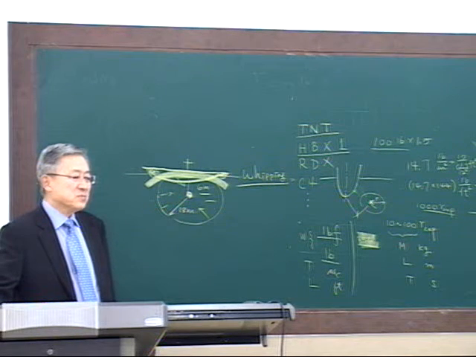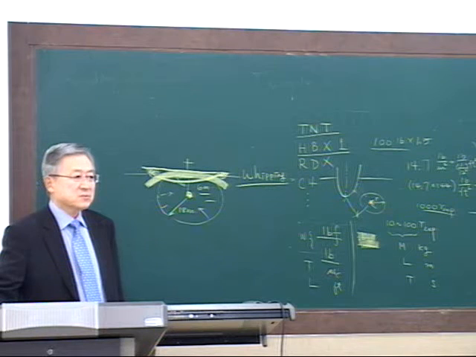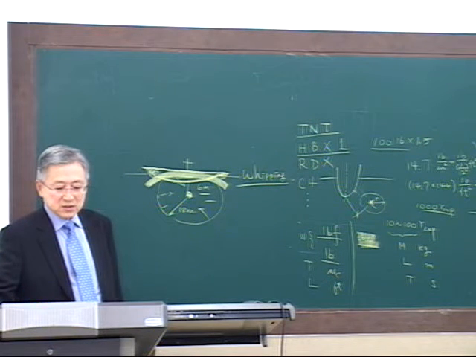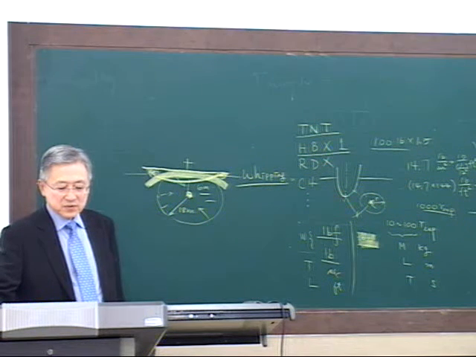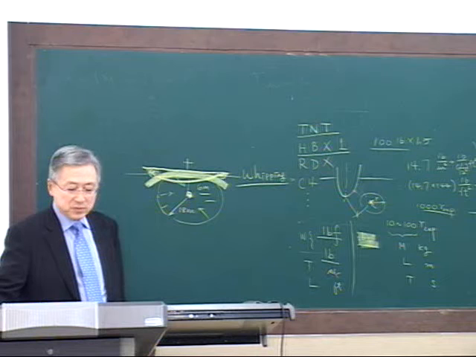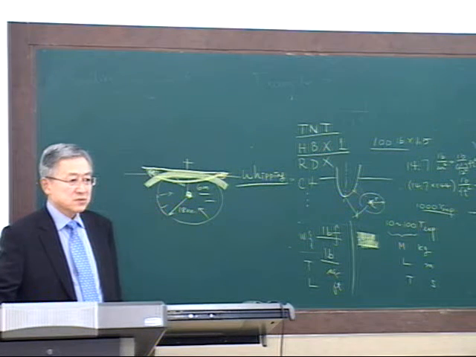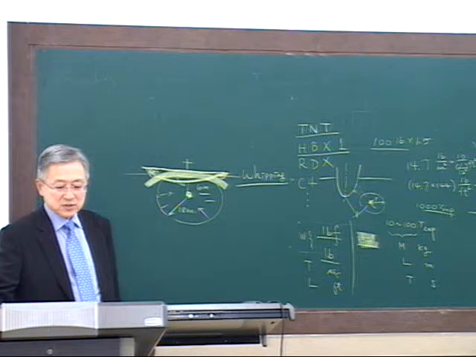What does it mean, displaced mass? It's 4/3 pi rho a cubed, where a is the radius of the gas bubble, times g, the gravitational acceleration.